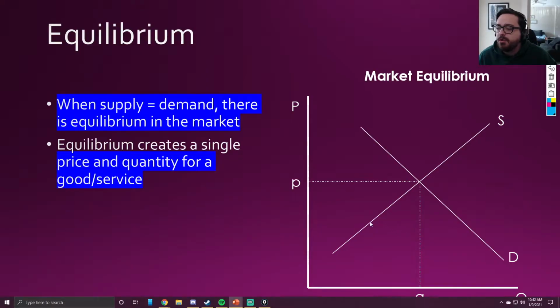It tells me what the price and quantity of the good should be. If everything is operating smoothly, your price and quantity should end up here, because that would mean that the exact quantity that people want on the demand curve equals the exact quantity that businesses want to produce. Everyone is getting what they want at that spot.